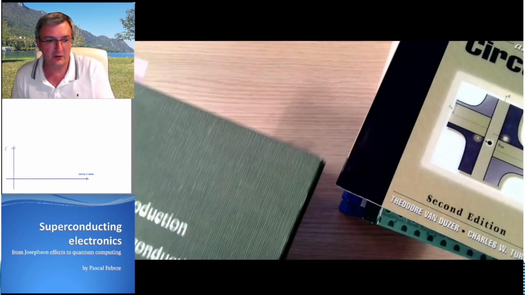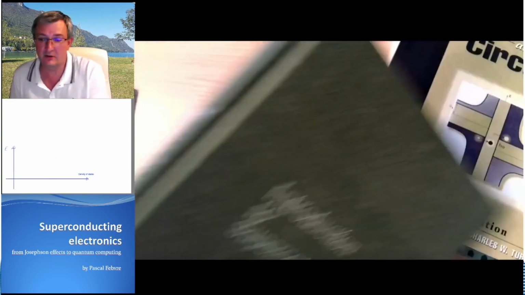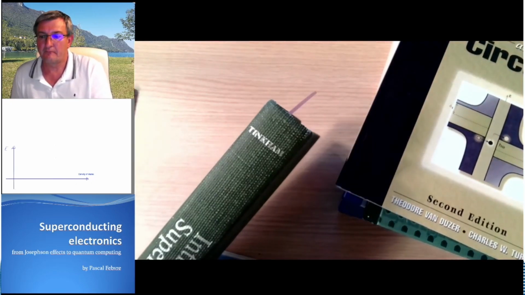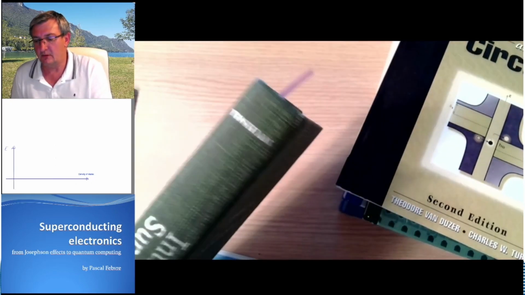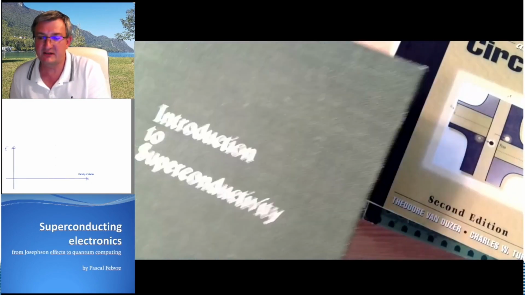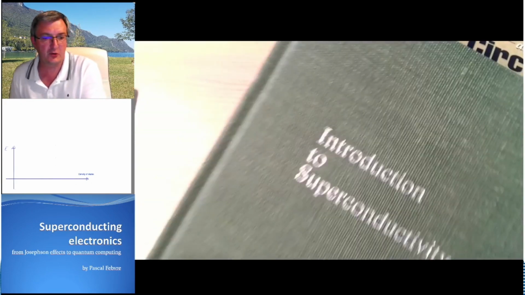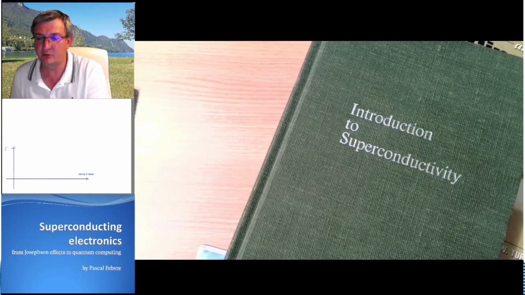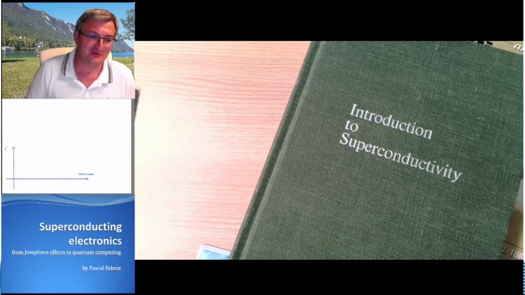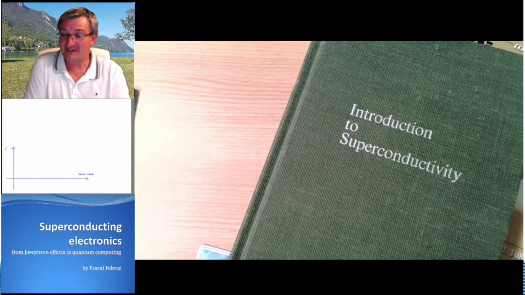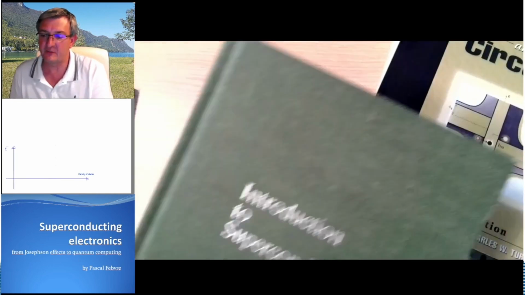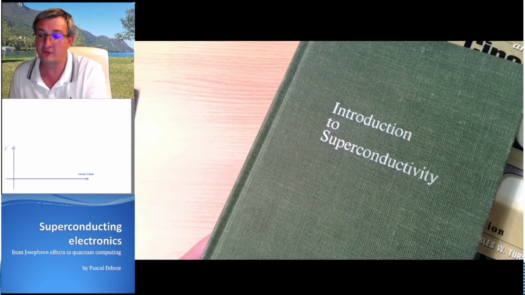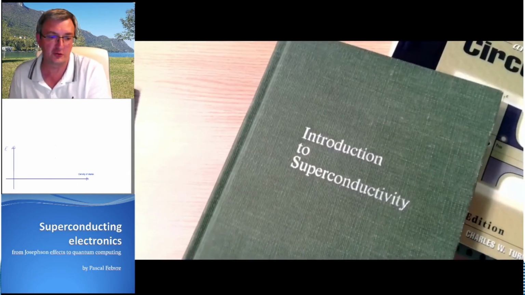One of them is Tinkham, called Introduction to Superconductivity. This is the old edition, but there is already a new edition, relatively new, which is already 15 years old, but still it's a very good book to understand bulk superconductivity, BCS theory and all the physics. It's mostly focused on physics.